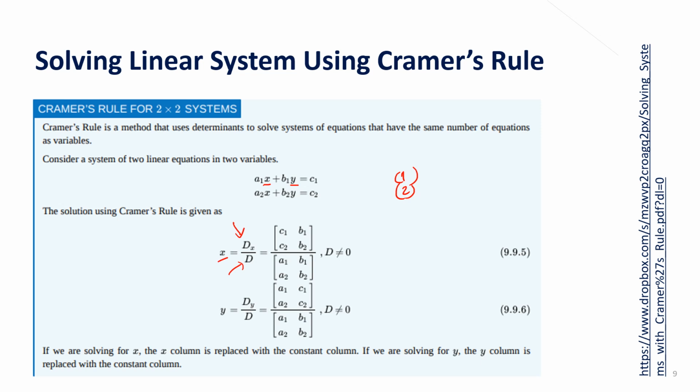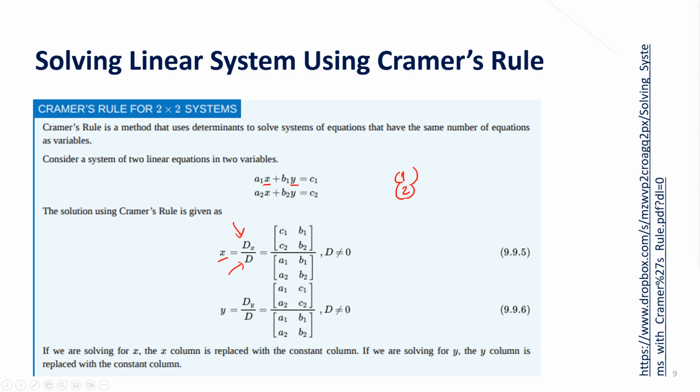Now the question is, what is the determinant of x? The determinant of x is the determinant of a matrix, so you have a matrix here, obtained by replacing the column of the coefficient matrix with the constants on the right side of the equation.